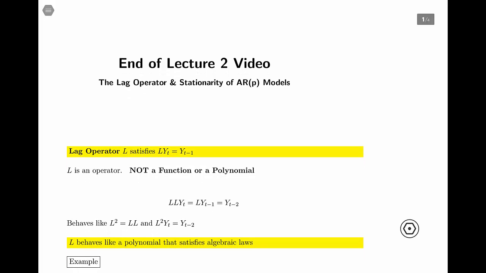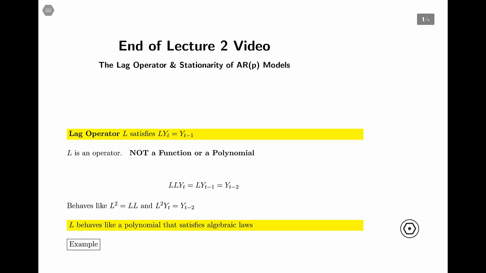Okay, so in lecture we gave the definition of the lag operator. The lag operator L satisfies this condition here. It just says that L of yt gives us yt minus 1. So performing the operation L on yt just lags the time series variable yt back one period, to yt minus 1.